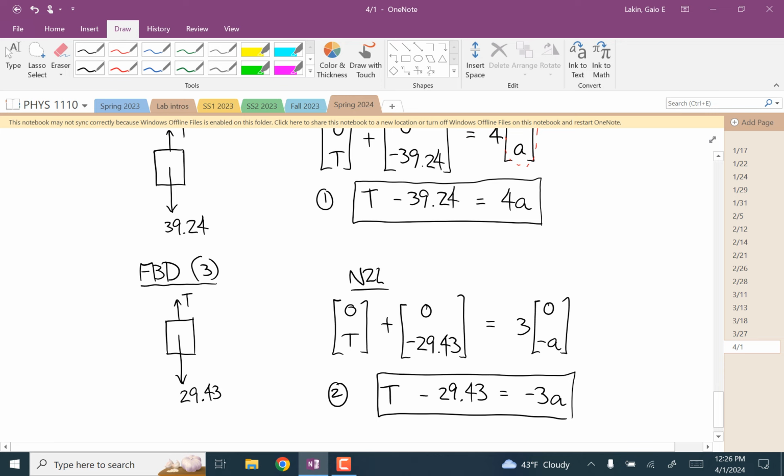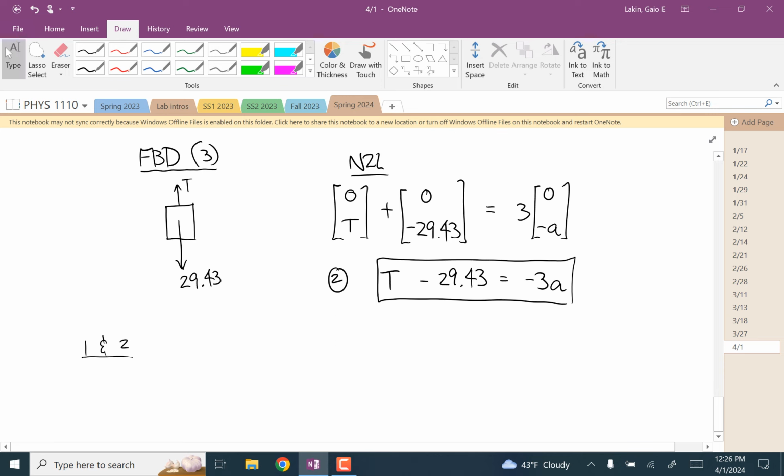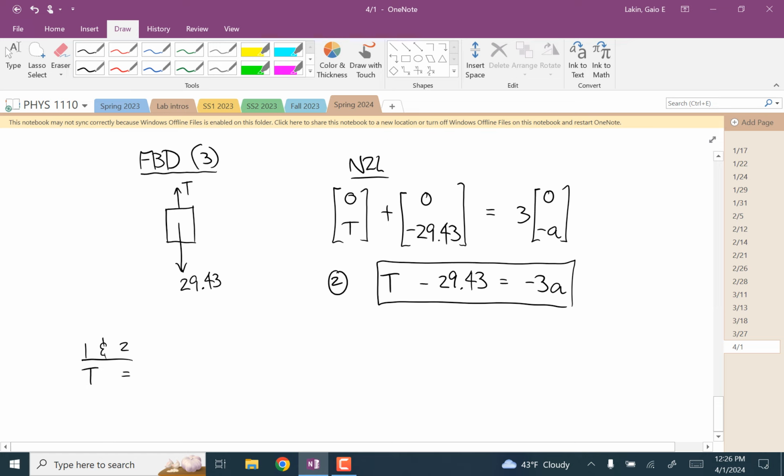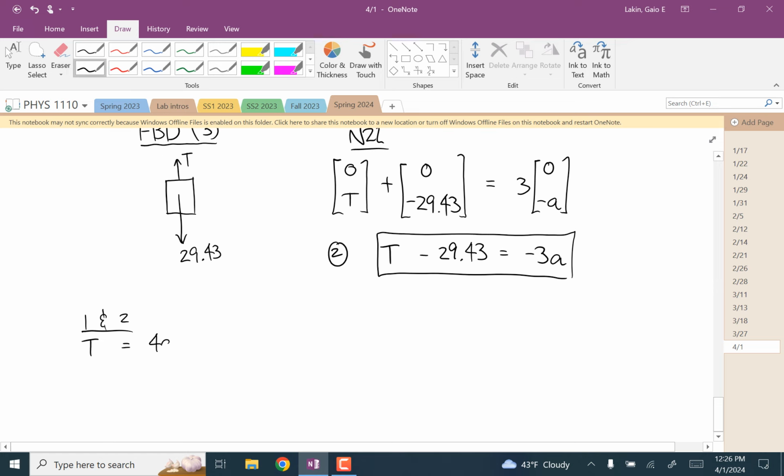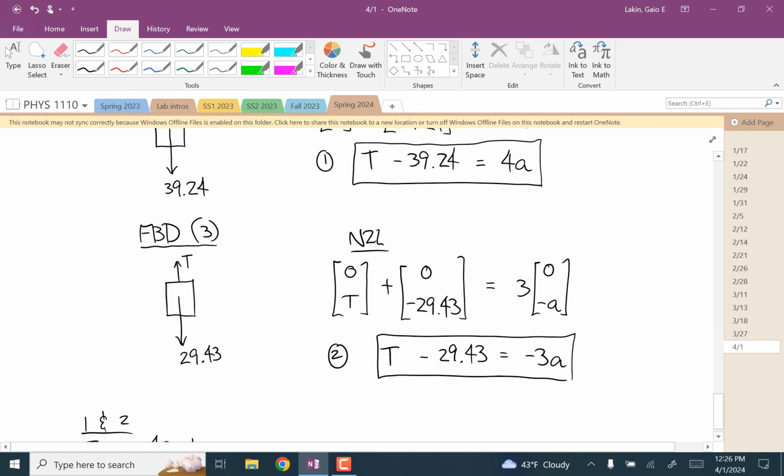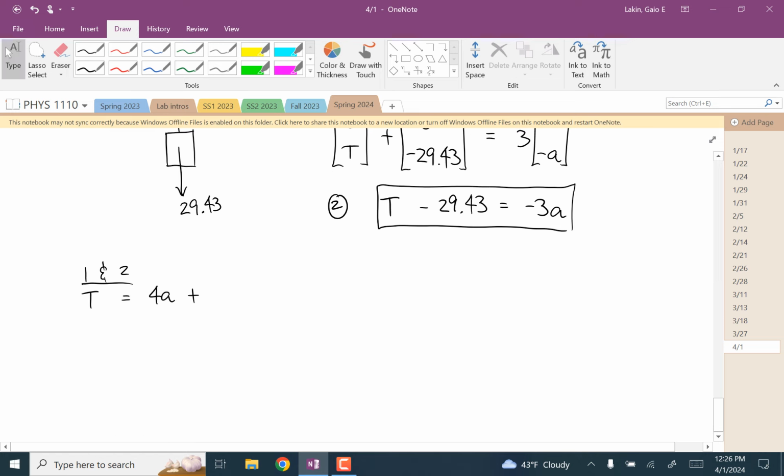So equations 1 and 2: I'm going to rewrite equation 1 to say that T is equal to 4A plus 39.24. And then our second equation says T minus 29.43 is equal to negative 3A.